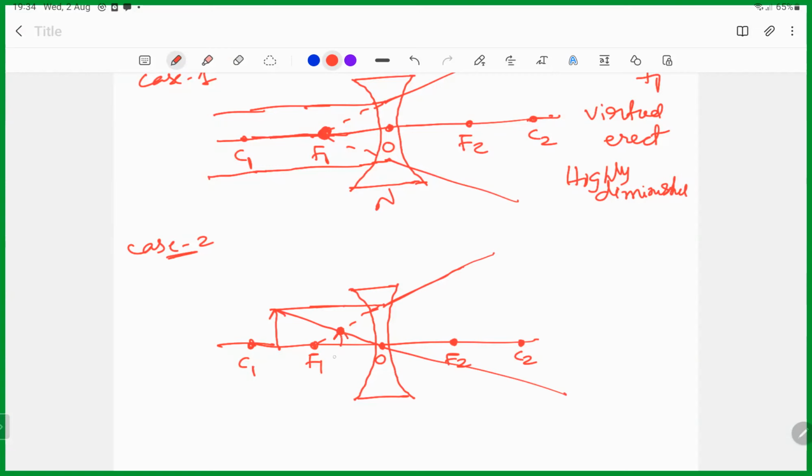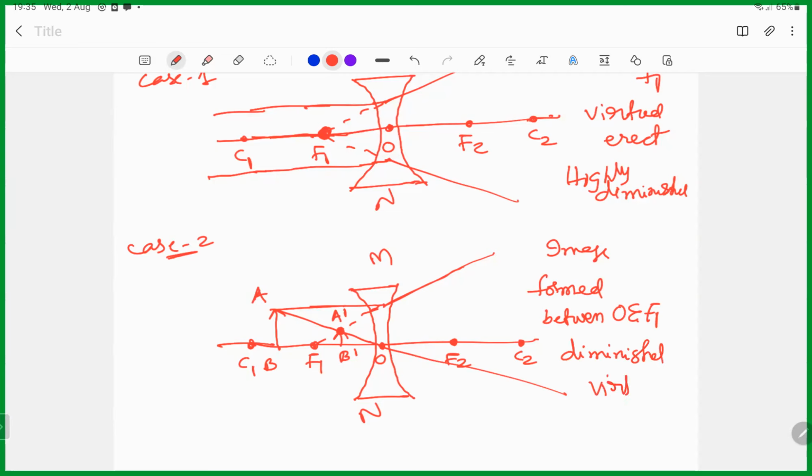So it will be A, B, then B dash, A dash. It's M N here. So where is the image formed? Between O and F1, diminished, virtual, erect.